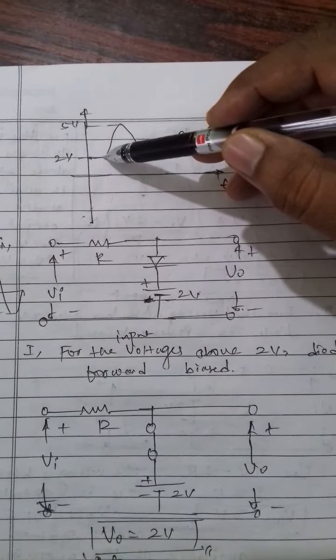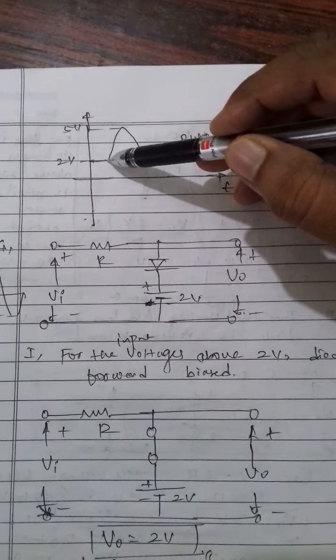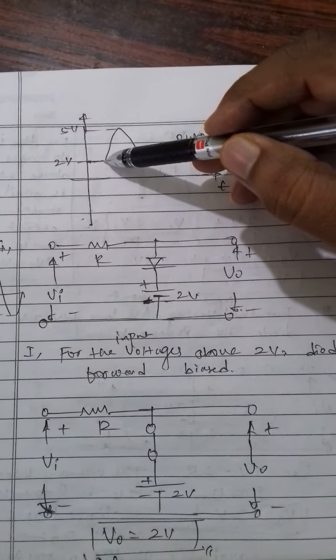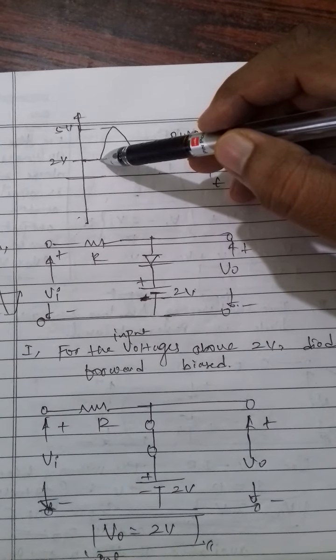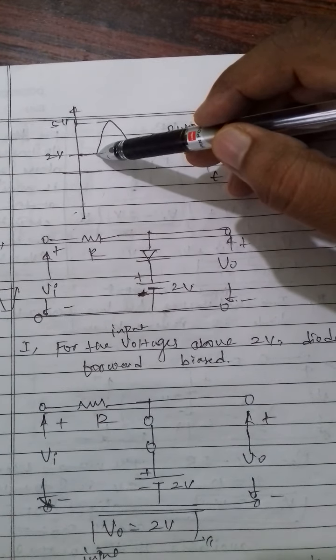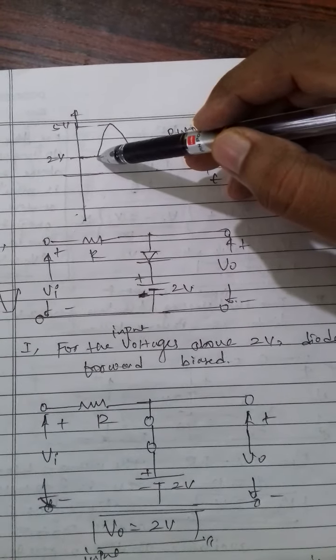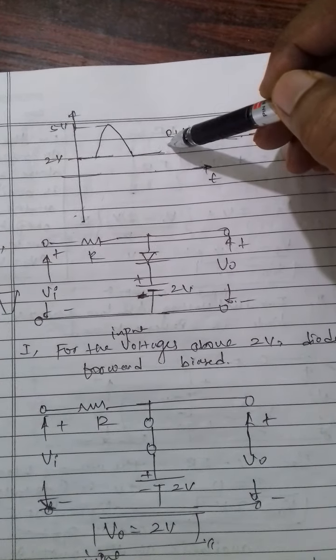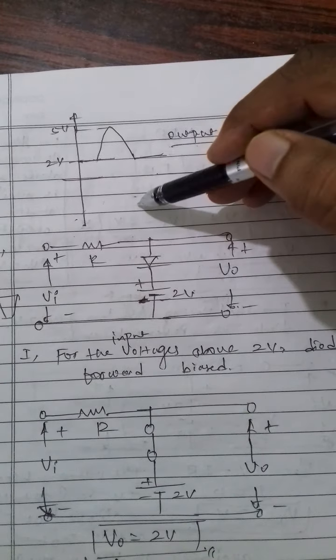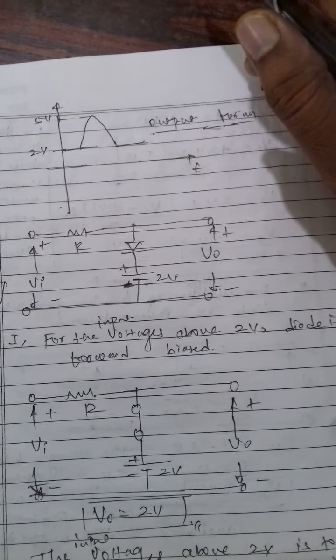Here the waveform will be from 2 volts to 5 volts, because whatever the voltage which is below 2 volts is clipped off.